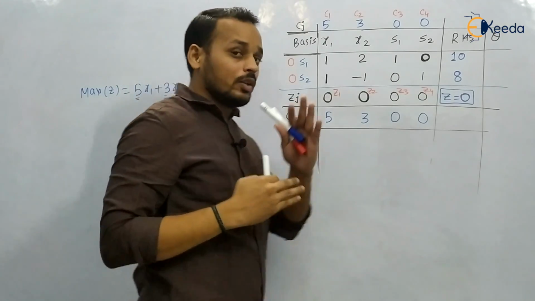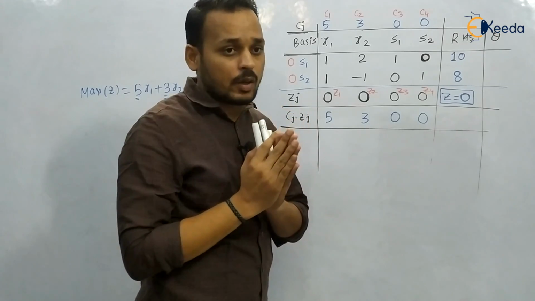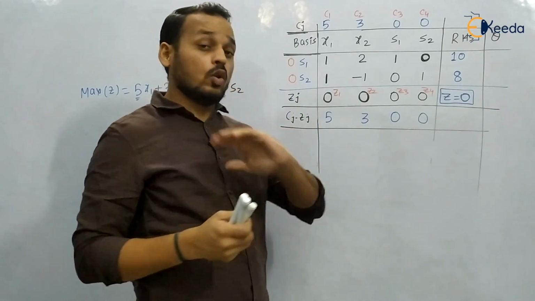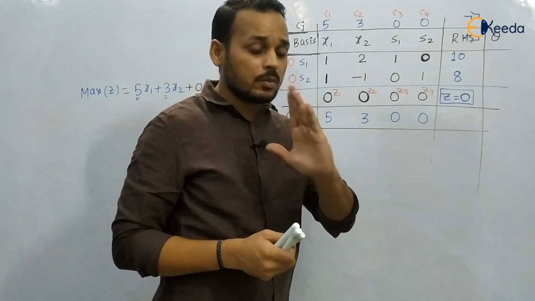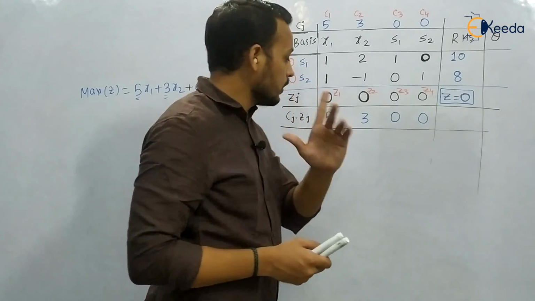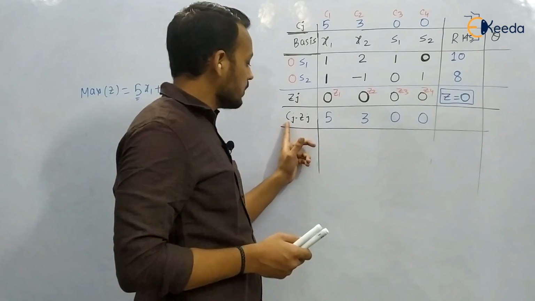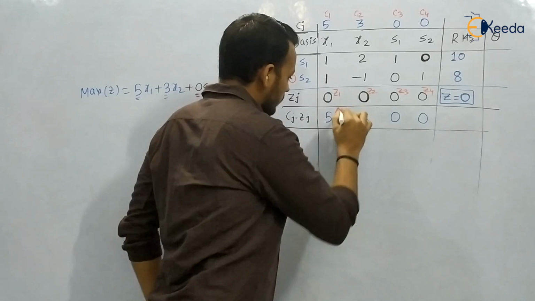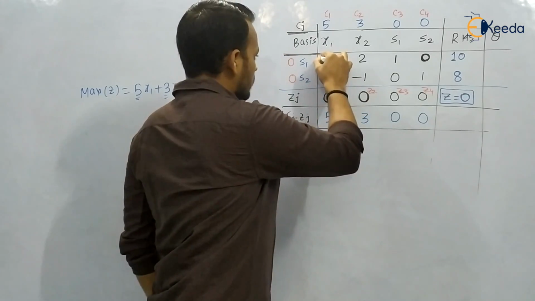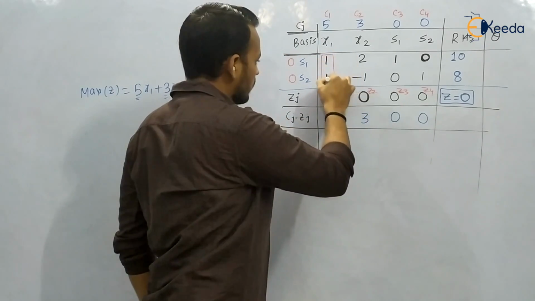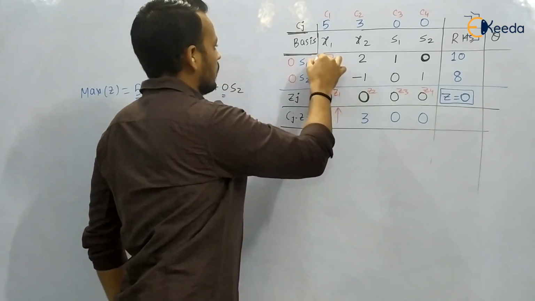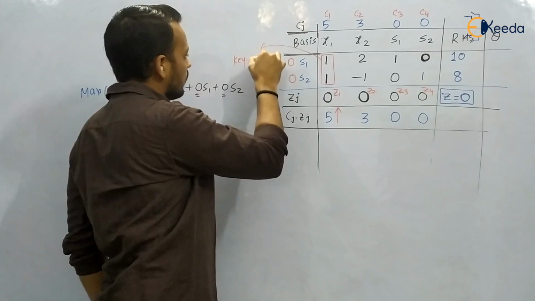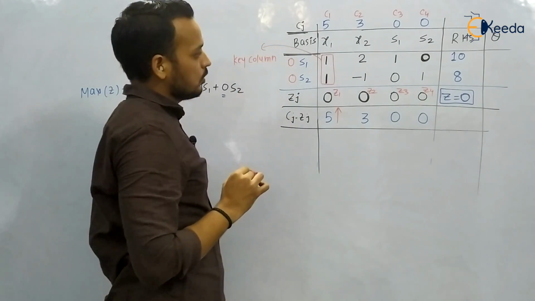Now we have to look for the incoming variable. The incoming variable is the non-basic variable with the maximum Cj minus Zj value. Here the maximum Cj minus Zj value is 5. So this is going to be our key column.